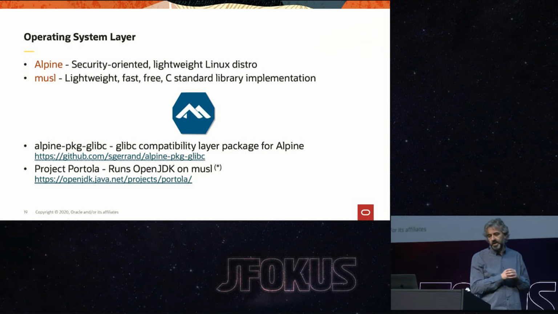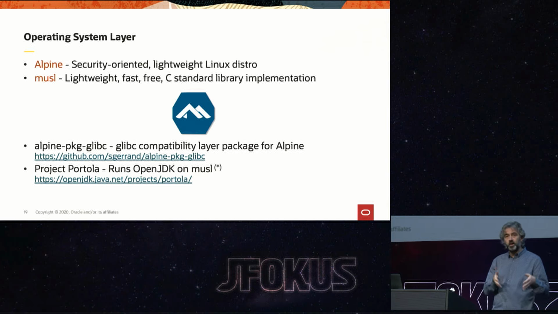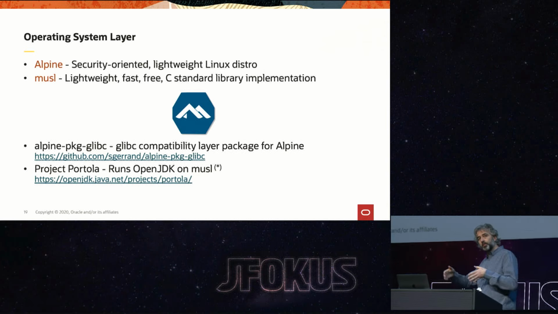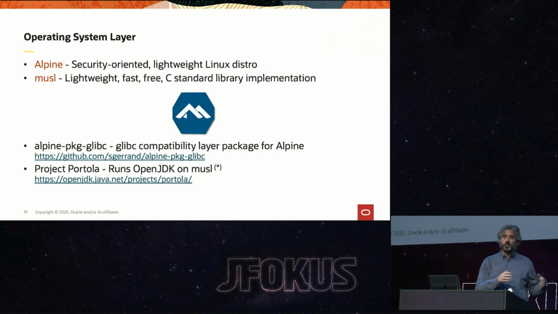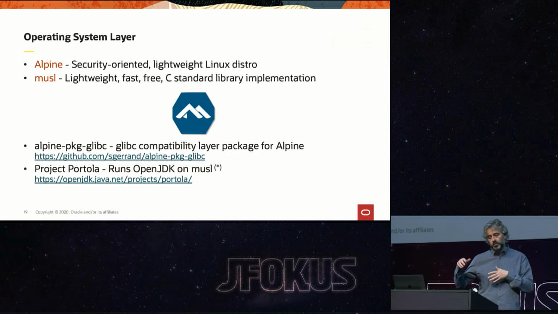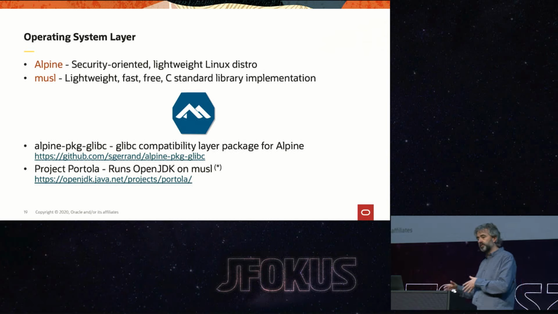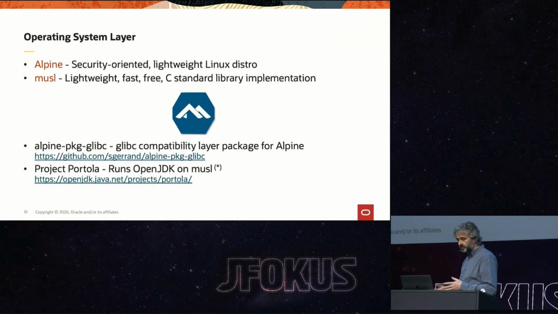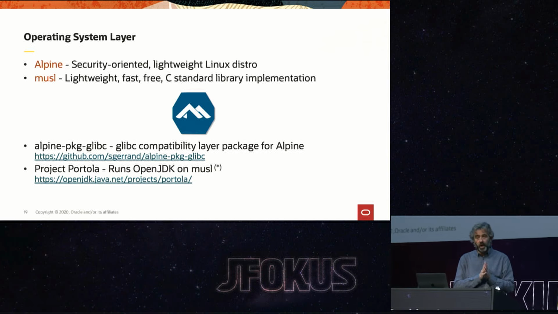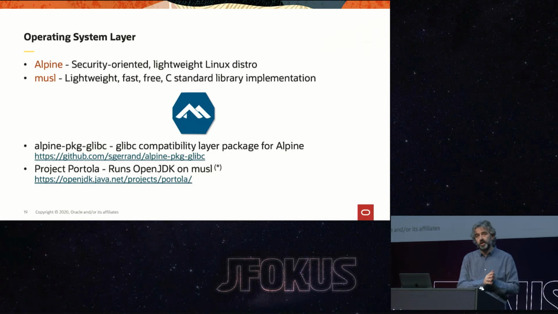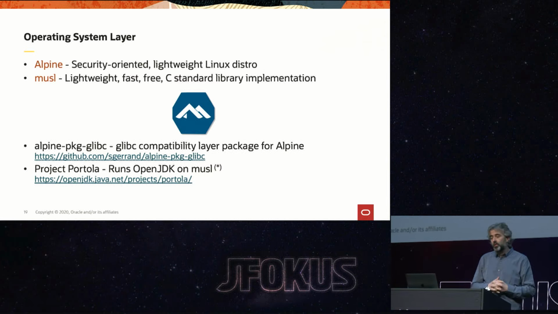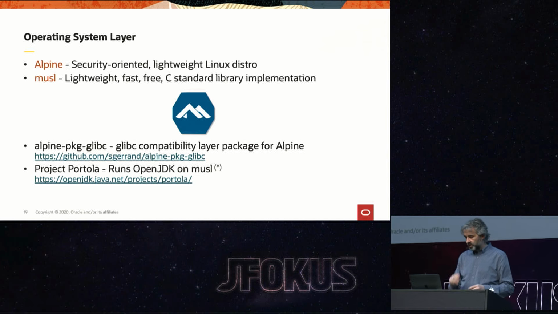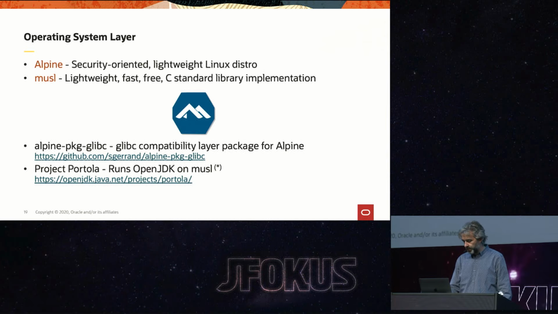Right now the current version of OpenJDK is 13, so we're giving the build for Portola on 14. When 14 is released, we will provide the build for Portola on 15, and so on. Having said that, if you want to help us port OpenJDK to musl, contributions are welcome within Project Portola. So feel free to jump in and help us.